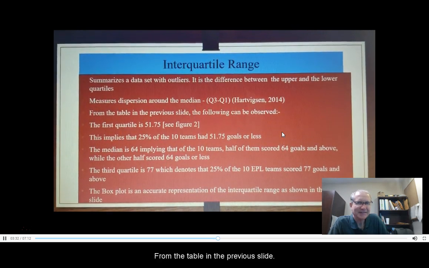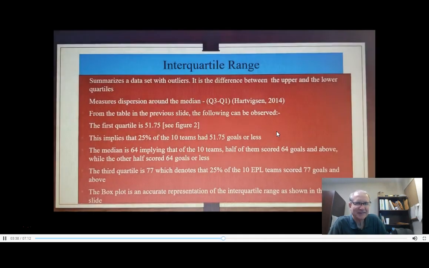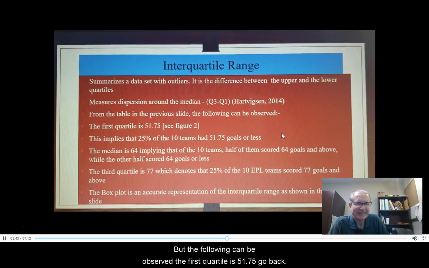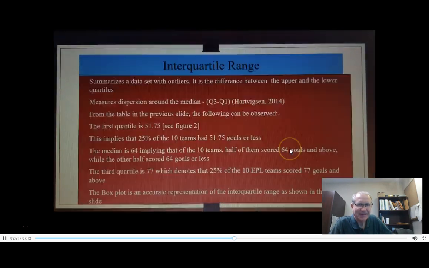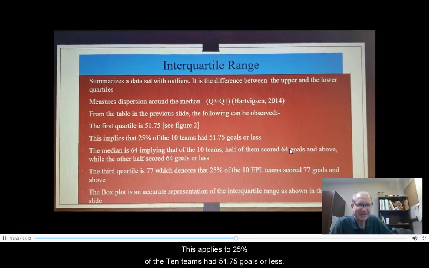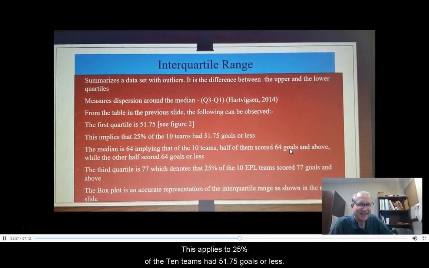From the table in the previous slide, figure 3, you can see that the following can be observed. The first quartile is 51.75. Let's go back, and that's my quartile 1. This implies that 25% of the 10 teams had 51.75 goals or less.